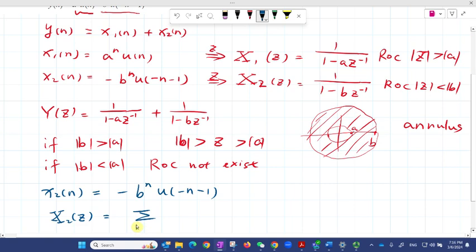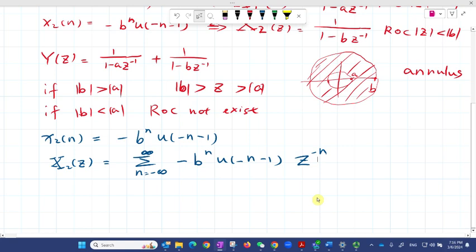So n goes from negative infinity to positive infinity, and we put this thing in, u[-n-1], and don't forget to multiply by z to the order of negative n. Then we start making substitutions. This is not a regular form, so we make m equal to negative n minus 1.